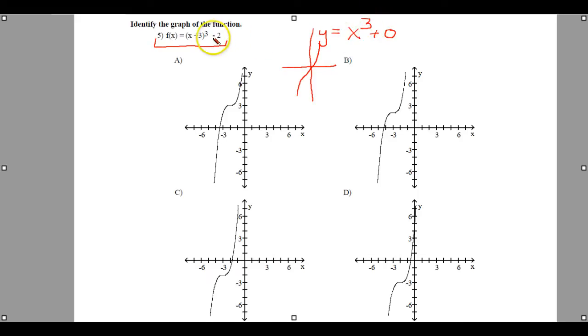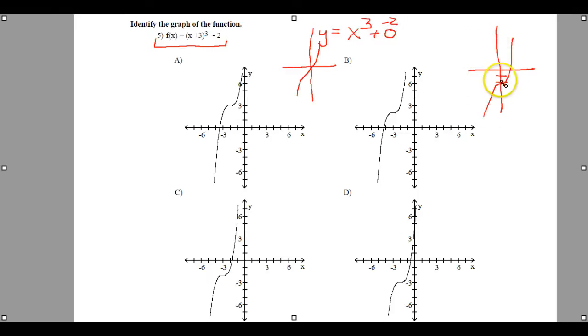Well, now we see that it's y equals this minus 2. So what does that mean? Well, that means we're going to shift this, if it were just this, to the -2 here.